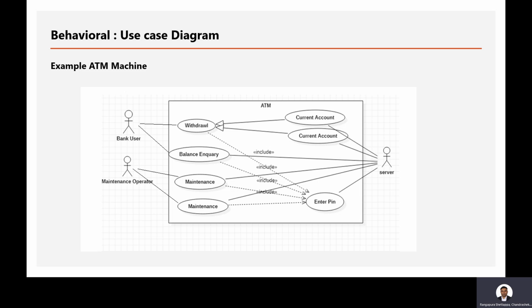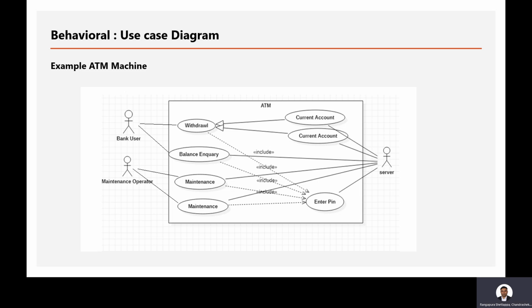For example, a bank user goes with his ATM card to withdraw money. He has the option to withdraw from either a current account or a savings account, and he can do that from the server. Similarly, he can check the balance, and implicitly he is checking that with the server.